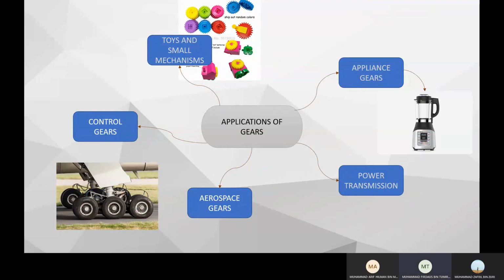First one, it is used for toys and small mechanisms because it is small, low load and low cost. Next, gears are used in appliance gears because of long life, low noise and cost, low to moderate load. Third, the gears are used for power transmission, which is long life, high load and speed.